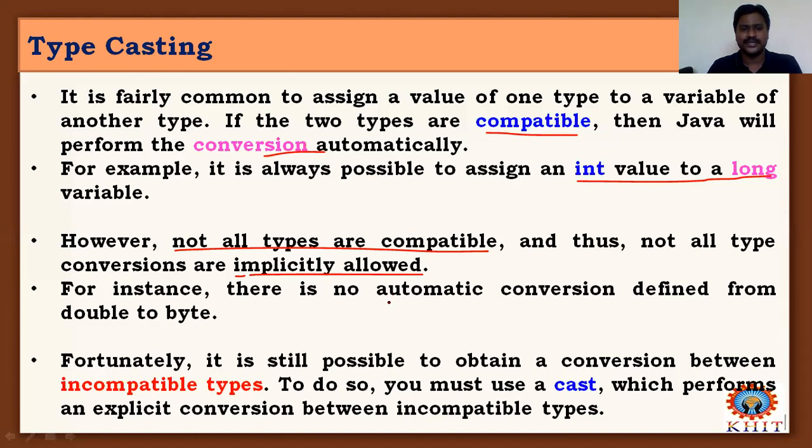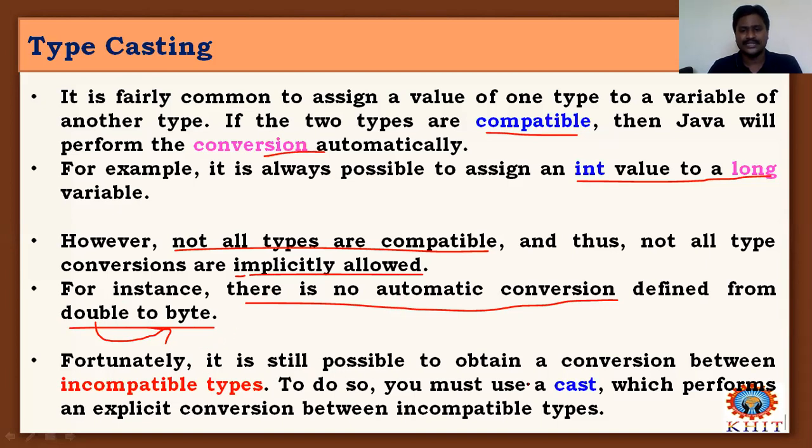For instance, there is no automatic conversion defined for double to byte. A double is a very large number and cannot fit into a byte type variable. So implicit conversion will not be allowed here.